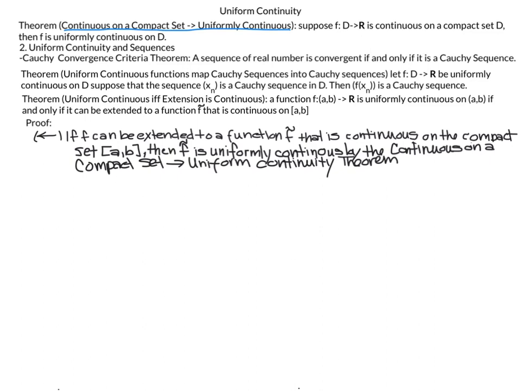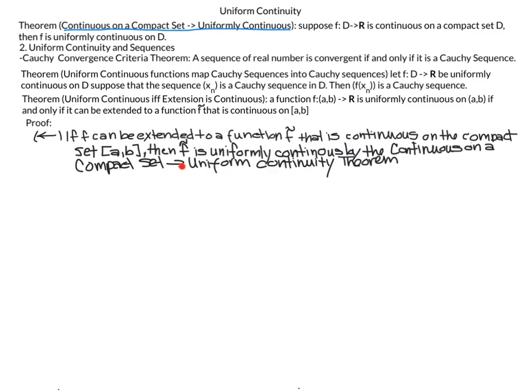It says that if a function is continuous on a compact set D, then it is uniformly continuous on that set. So f tilde is continuous on the closed interval, and the closed interval, because it contains its boundary, is compact, so f tilde is uniformly continuous.